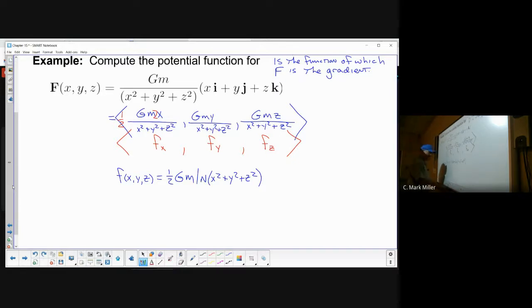I claim this is the antiderivative with respect to x of that. Well, if I were taking the derivative, this would go in the bottom. So I'd have x squared plus y squared plus z squared, and I would have the derivative of that on top with respect to x, which is 2x. And then I've got the gm and 1/2 on the outside. Well, that looks an awful lot like that.